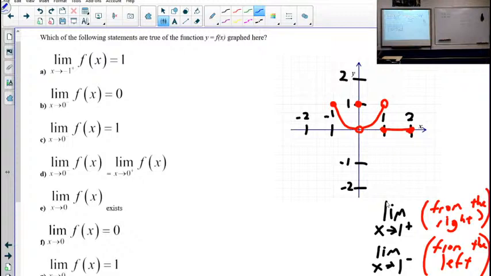So I'm coming to -1 from the right-hand side and looking at what y value it gets closer and closer to. And what the statement says is that the y value, as I'm coming from the right, is getting closer and closer to 1. True or false? That's true. This is true.